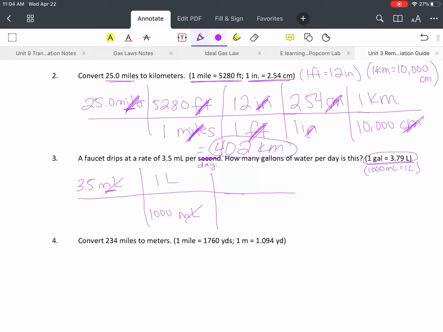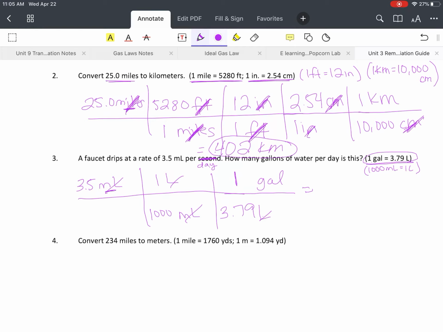Now I can go from liters to gallons using this conversion factor. What's going to go on the bottom? Liters has to go on the bottom, and then I can put gallons on the top. What number goes in front of liters? 3.79, and then 1 gallon. So my liters have canceled, and I'm left with gallons.